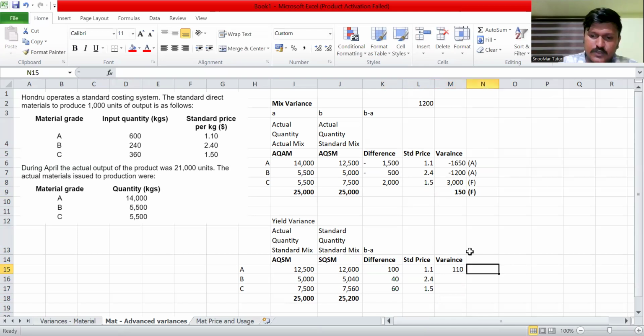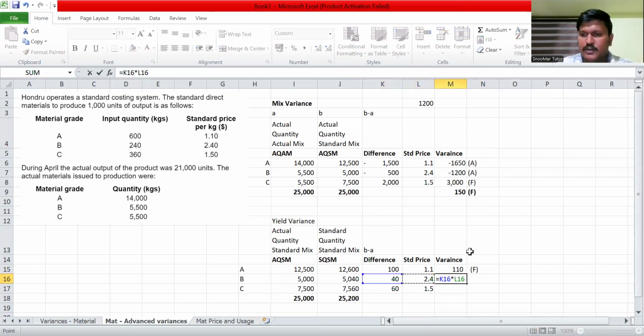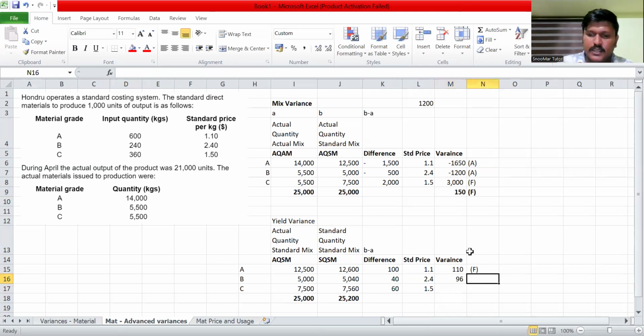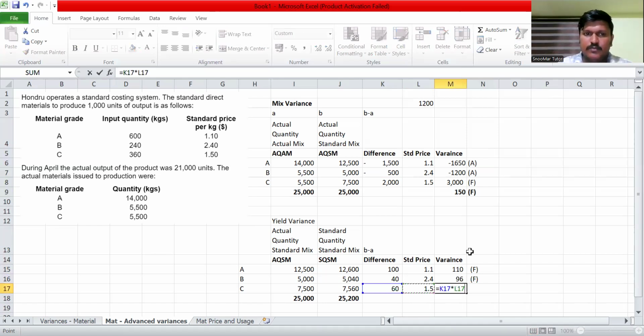Positive one, so I'll be going for favorable variance. Again 40 multiplied by positive, again 2.4. Again I'll be going for a favorable variance because it's positive. Same again 60 multiplied by 1.5, getting me a positive figure.